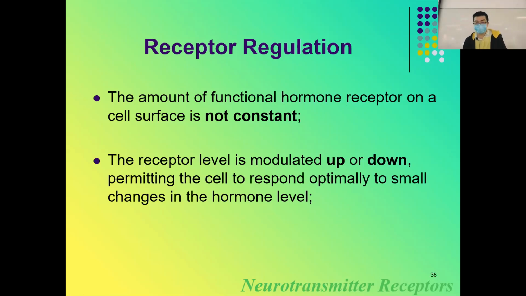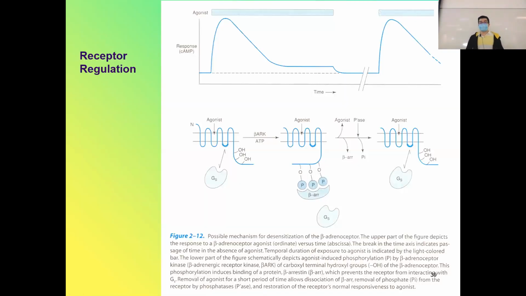Okay. So how is it being regulated? This is one of the examples. This is the beta adrenergic receptor. So we can see that there's a G protein associated with it. And then if the agonist binds and activates it, we can see that the receptor is responsive. Now, however, if it's always being activated, then the system says that maybe we need to down-regulate the response.